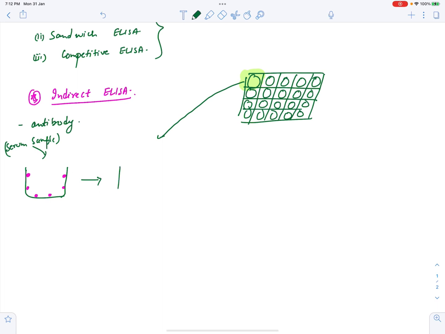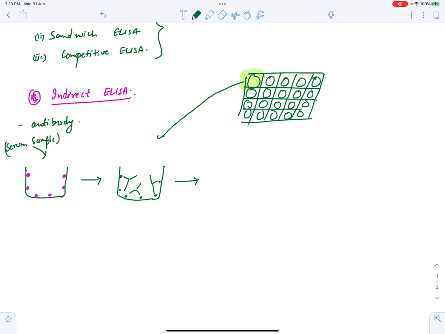So this ELISA well, which contains antigens, when you add the patient sample containing the primary antibody, the antibody will bind with this antigen, making an antigen antibody reaction. After adding the sample, you have to add a secondary antibody.